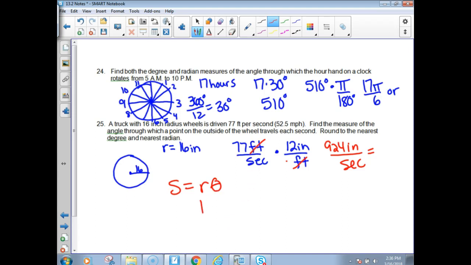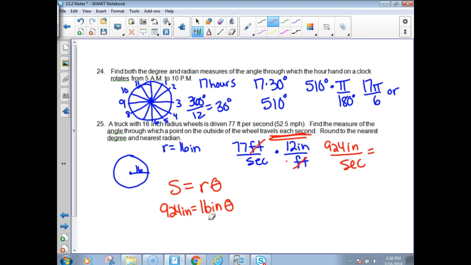Yeah, so we got 16 inches for R. We're trying to find theta, and we know the distance around, we went 924 inches every second. So we'll put 924 inches in here, because it's actually asking us to find out how much it travels each second.